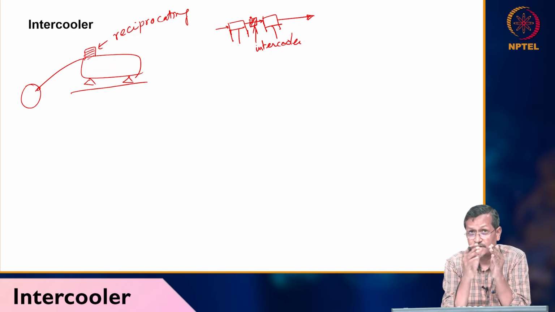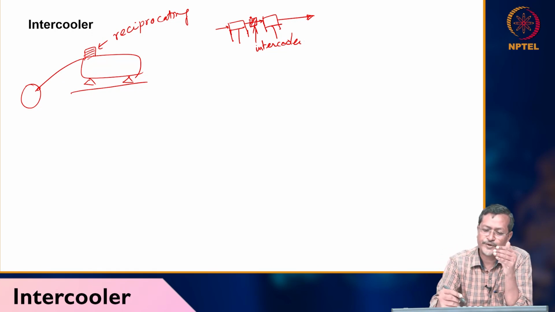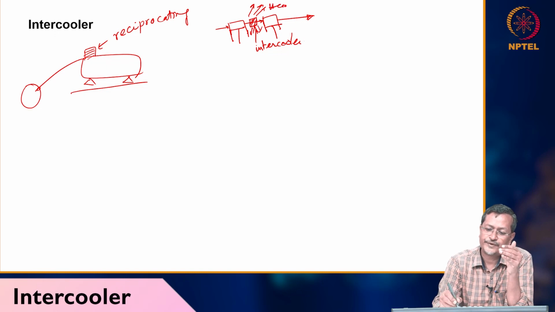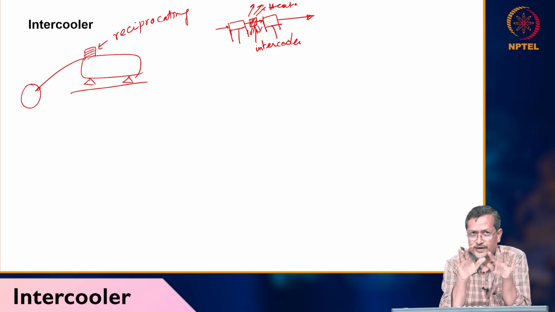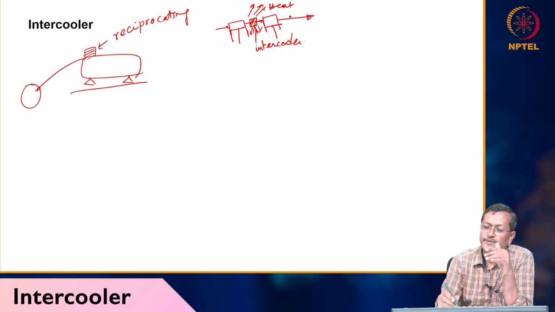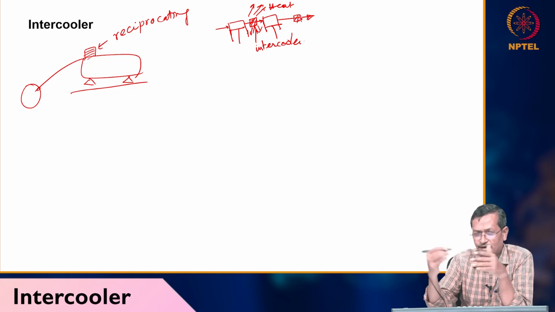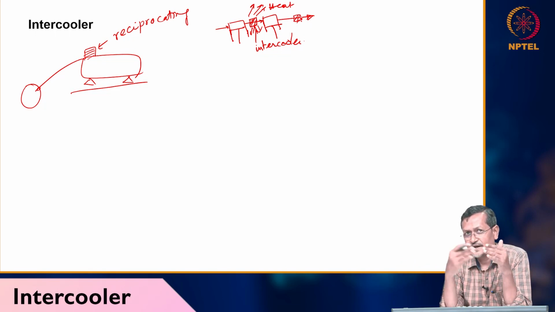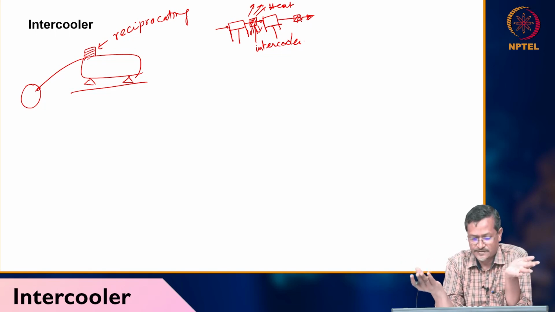When temperature has gone up, reduce the temperature using the intercooler. It is actually a condenser, heat will be going outside. Then temperature goes down, volume also goes down, pressure you are maintaining. Then you put it into the second cylinder, again you compress, maybe you can put another intercooler, another cylinder. In that way you are increasing the performance of the whole system.